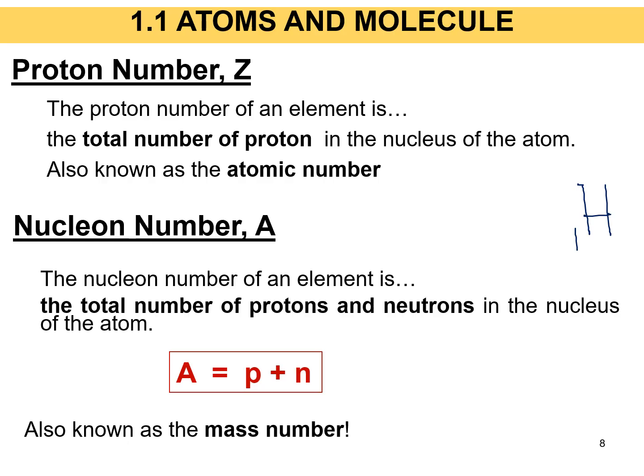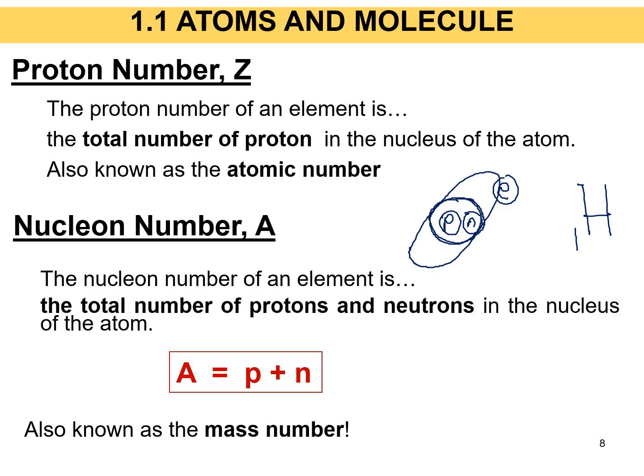Because if let's say you build the atomic model of a hydrogen atom, you need to draw the nucleus and the electron that is orbiting the nucleus. Inside the nucleus there will be proton and neutron. Hydrogen atom proton number dia 1 is because dalam atomic model of hydrogen atom, dalam nukleus dia hanyalah ada 1 sahaja proton.